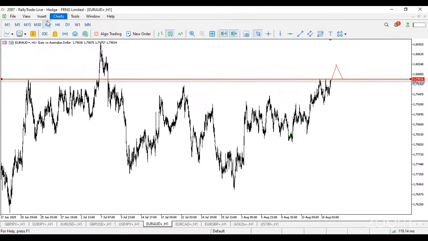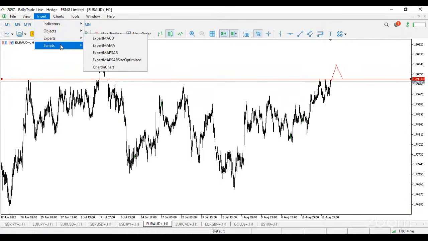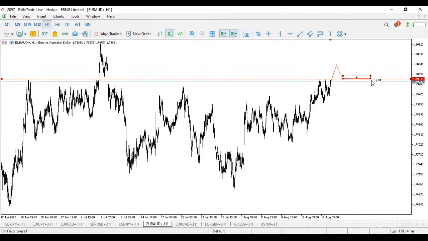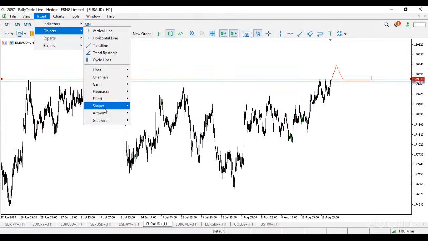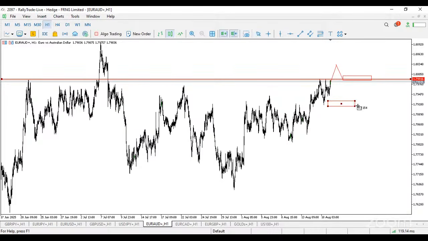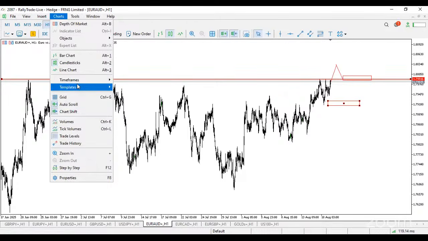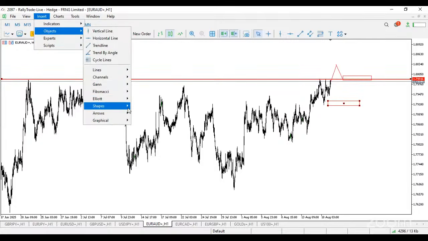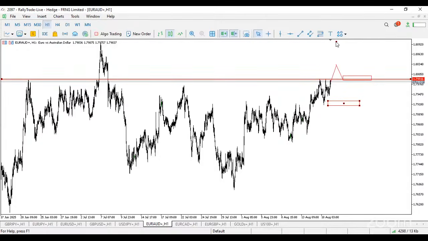Then we can enter our buy from this area, position for a buy here, with the stop loss in areas like this and take profit as high as this level.